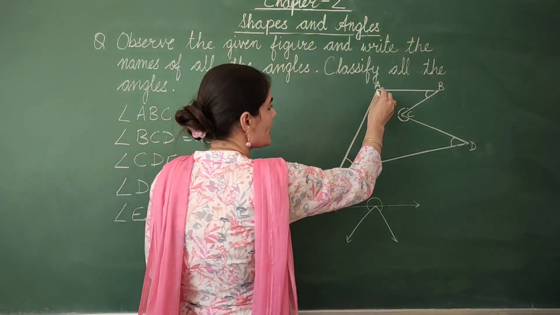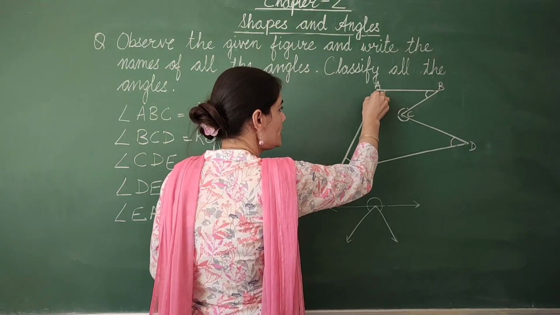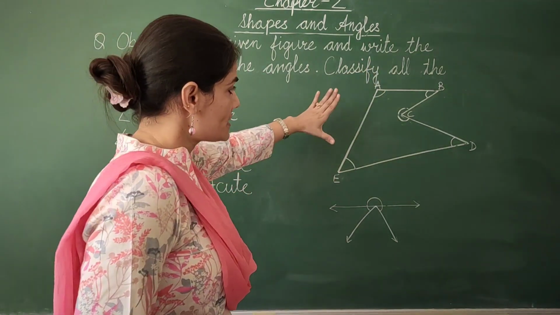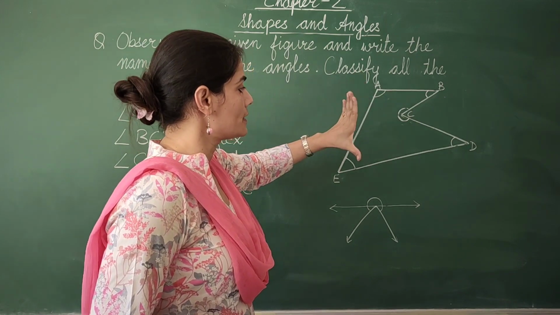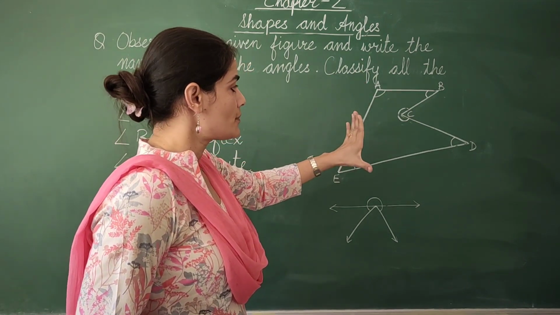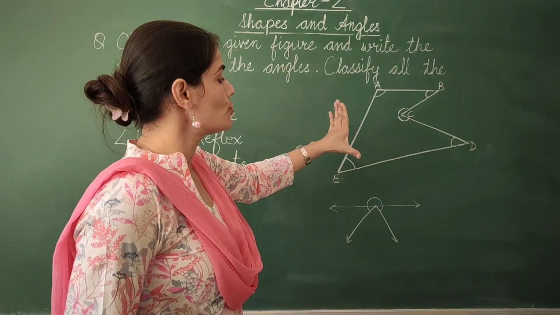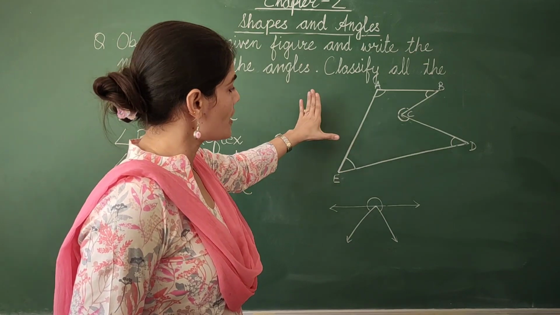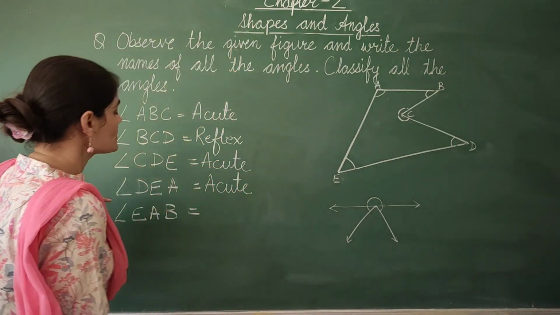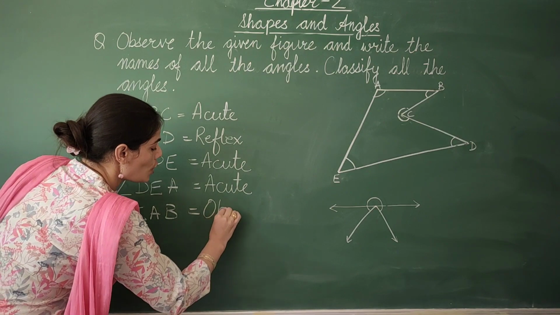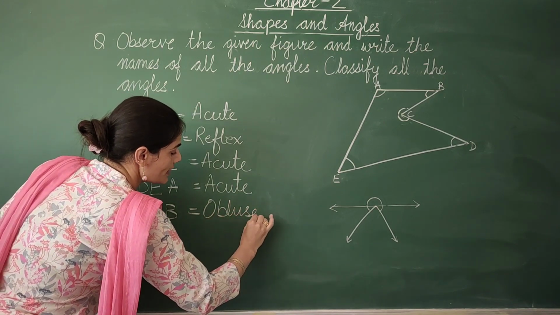Let's mark the last angle, which is angle EAB. I can see the arms of this angle are far apart in comparison to the arms of a right angle. Fine, that is why it's an obtuse angle.